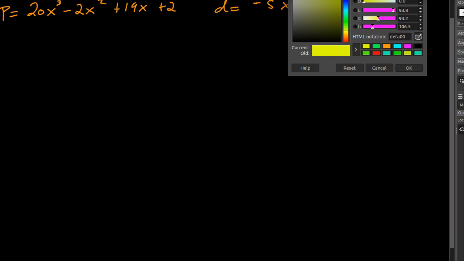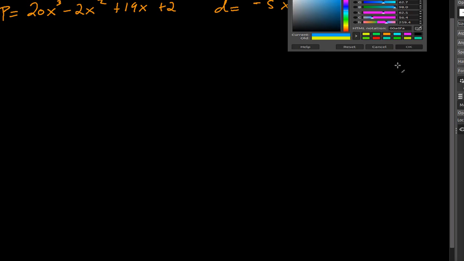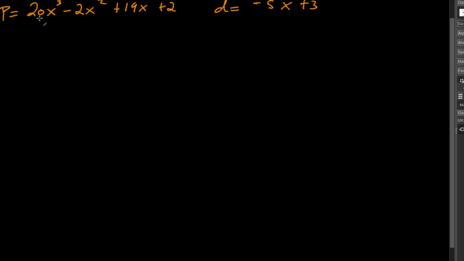Now, change colors here. This looks good. x cubed, x squared, x, no x. Yeah, I think we can just do this as business as usual. Maybe the only thing that would cause confusion is that there's a negative sign there, but I think we can handle it at this point.